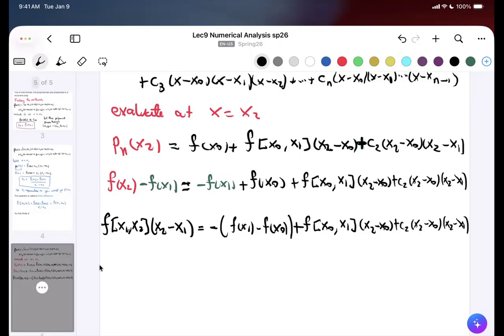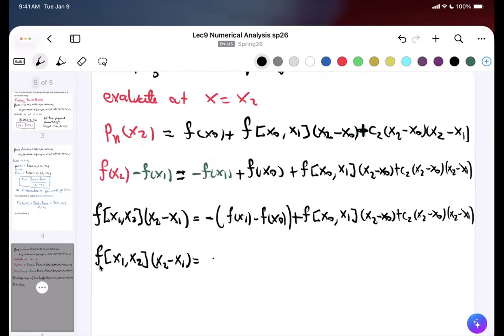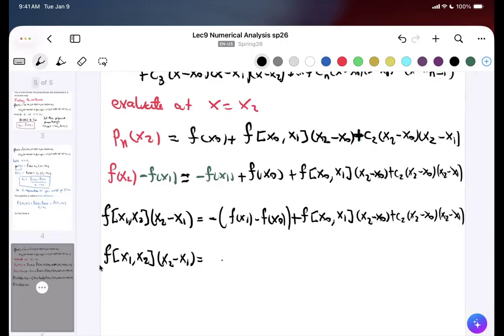We're almost there. You have to be clever, because you can solve very easily for C2 in this equation. You just have to present it in a way that makes the structure more clear. That's where some cleverness is needed, because why would you think about adding or subtracting f of x1 on both sides? It's convenient, but not always obvious. So I apply the divided difference formula here.